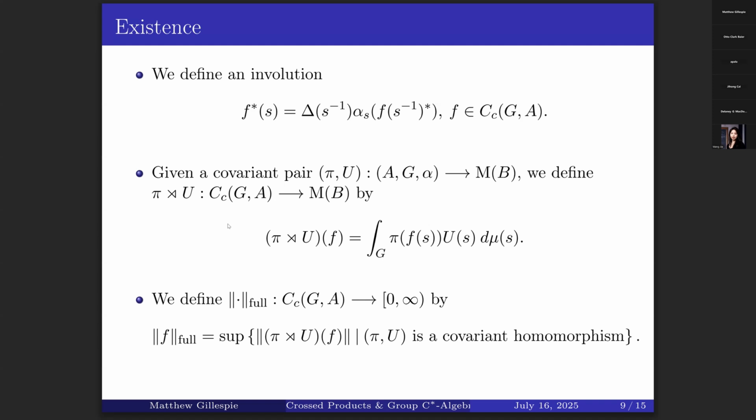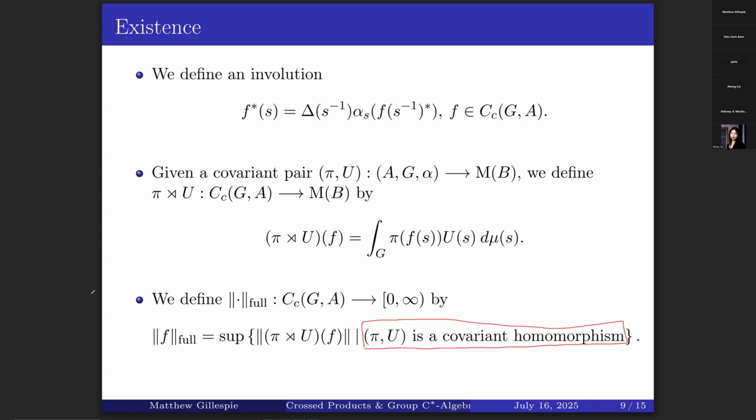At least the thing on the right-hand side here is not a set in general. The collection of all of these covariant homomorphisms of a system need not be a set, and that's just because, well, I don't want to get into it, but it has to do with cardinalities and things like this.